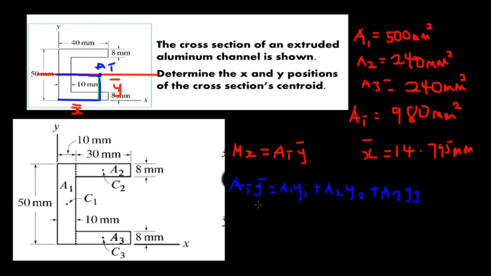And I want to find the y bar, so I can divide through by the total area. Okay, and this will cancel out. So then I have my y bar here.